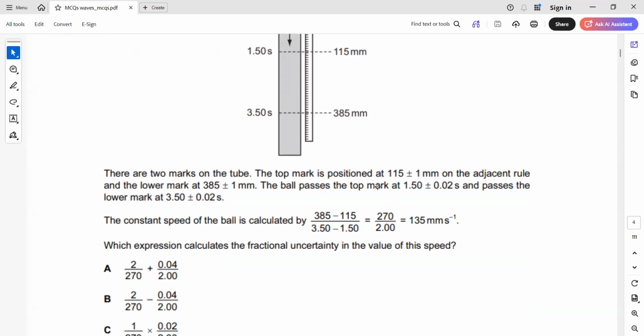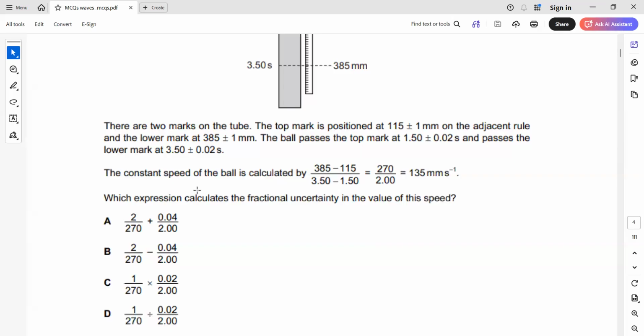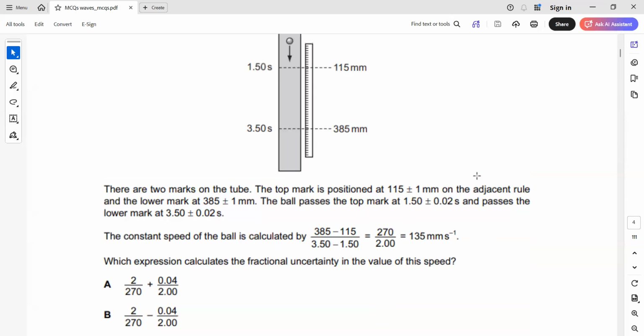The ball passes the top marker, and the time interval to the bottom marker is 3 with an uncertainty of 0.2. The constant speed of the ball is calculated. Which expression calculates the fractional uncertainty in the value?